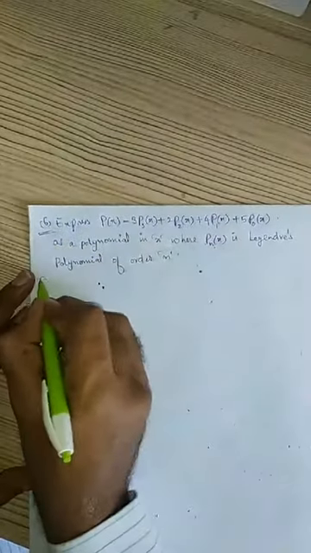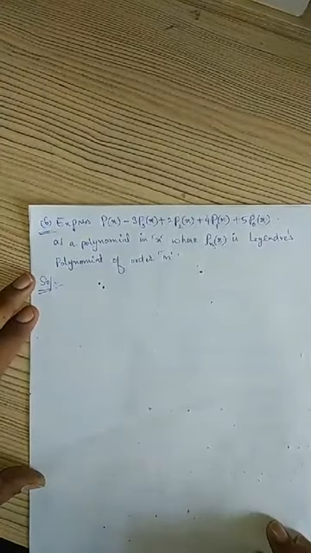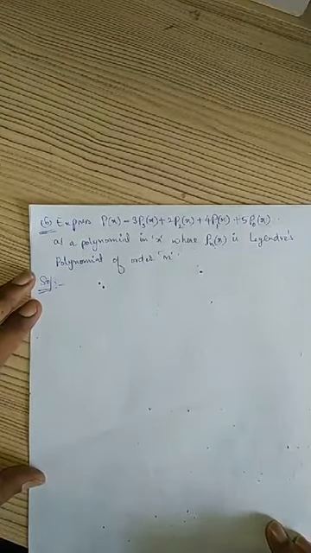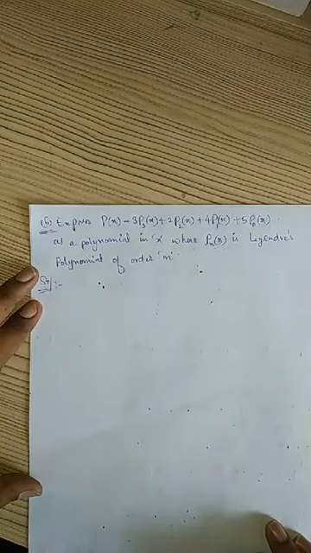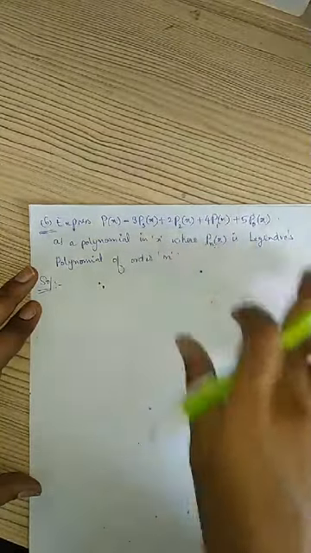So this is the 6th question. One polynomial is given which is the combination of Legendre's polynomials P3, P2, P1 and P0, and it is given that Pn of x is the Legendre's polynomial of nth order, and we are asked to express this polynomial as a polynomial in x.